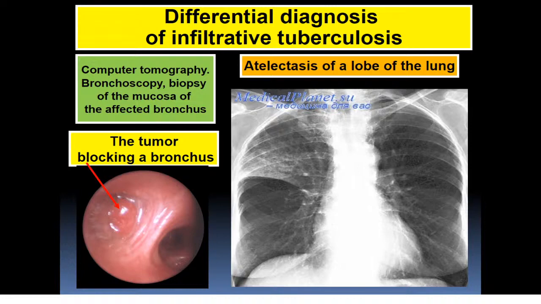Sometimes we can reveal different problems in bronchoscopy. For example, on this photo you can see a tumor blocking a bronchus, and as a result atelectasis can form.